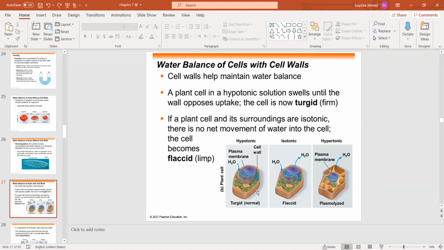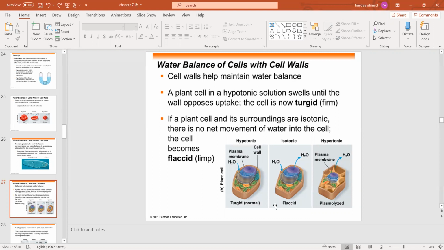However, the relatively inelastic cell wall will expand only so much before it exerts a back pressure on the cell, called the turgor pressure, that opposes further water uptake. At this point, the cell is turgid, or very firm, which is a healthy state for most plant cells.